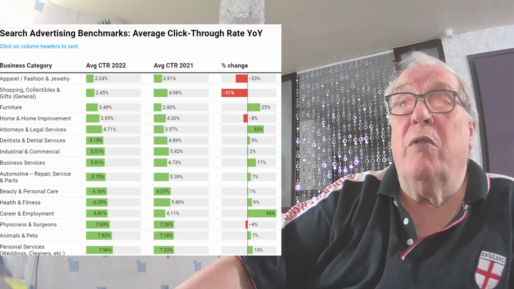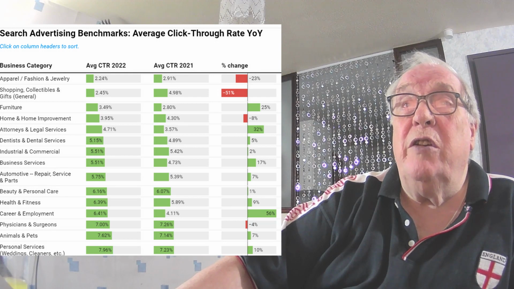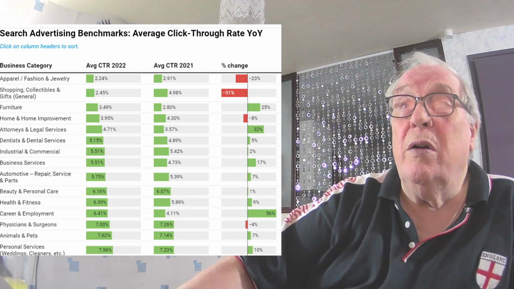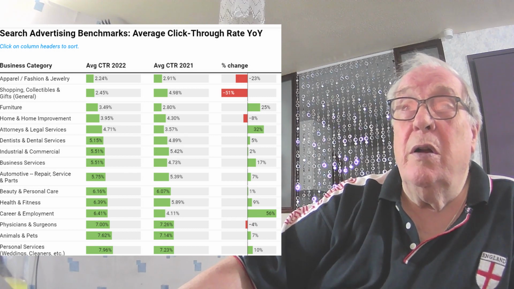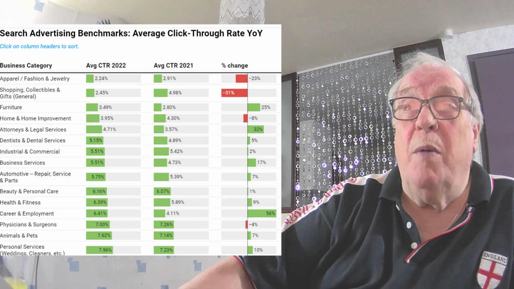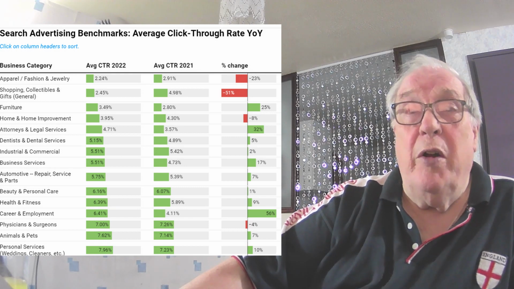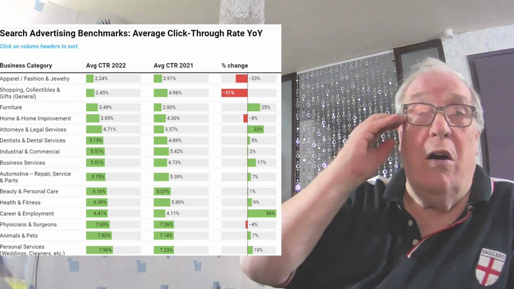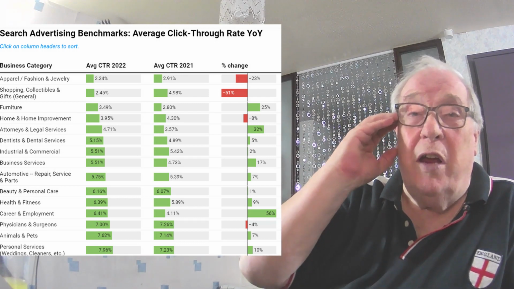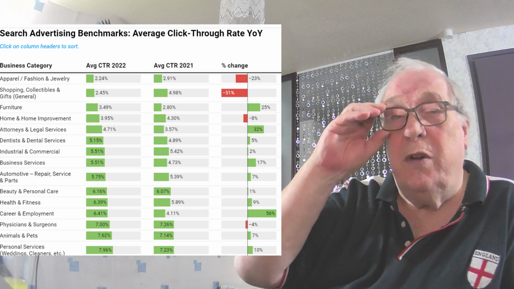Industries with the greatest decrease in CTR include shopping, collectibles, gifts, minus 51%, apparel, fashion and jewelry, minus 23%, and arts, entertainment, minus 17%.